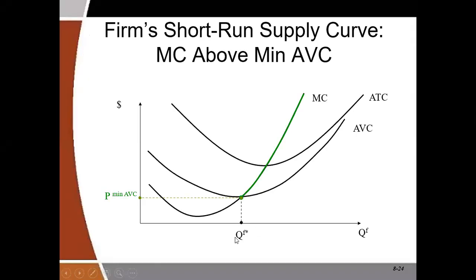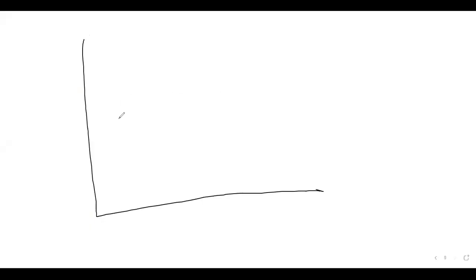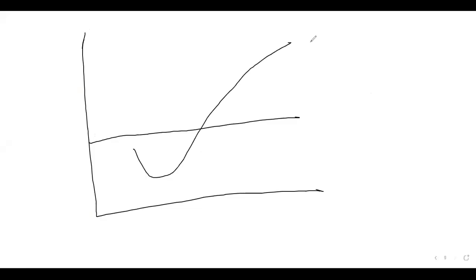Now, we have established that a perfect competitive firm should not operate at a price below the minimum of the average variable cost, because such a firm will make negative contribution. All right. So here, this is my marginal cost.